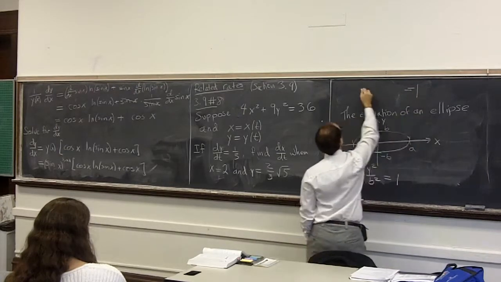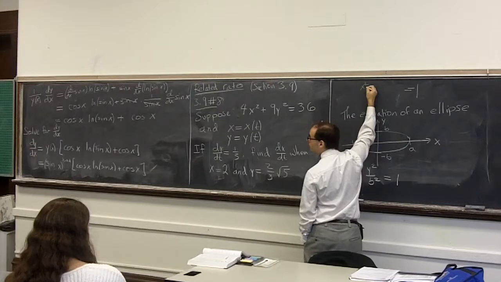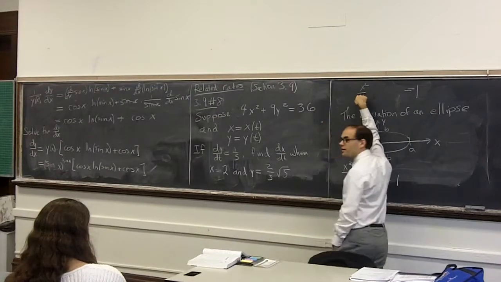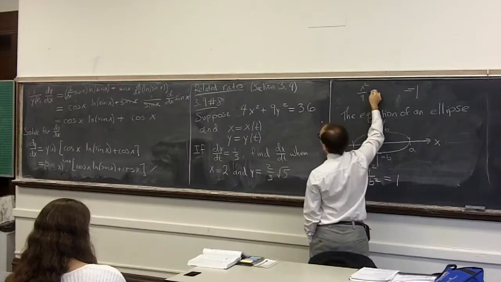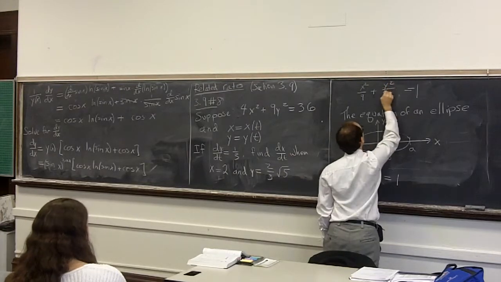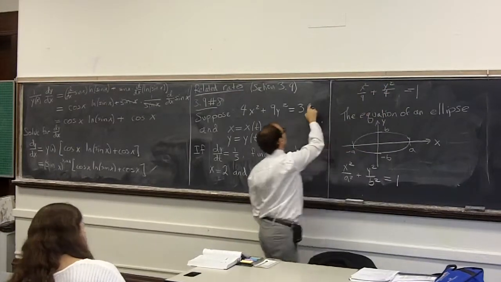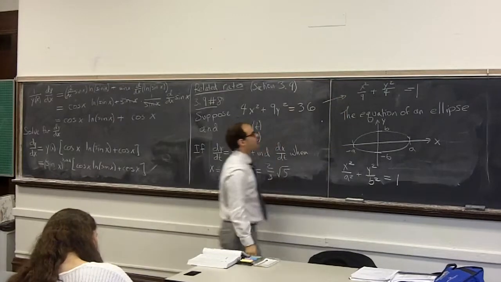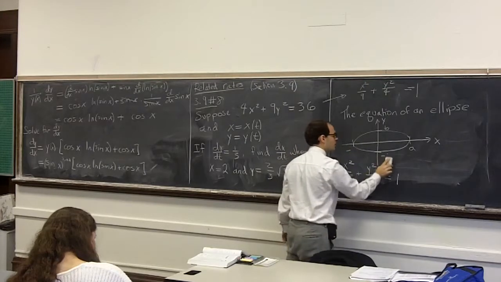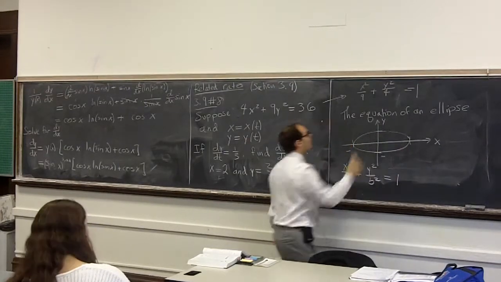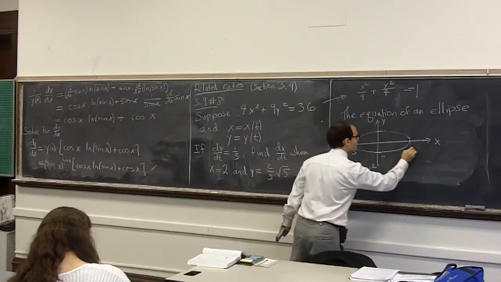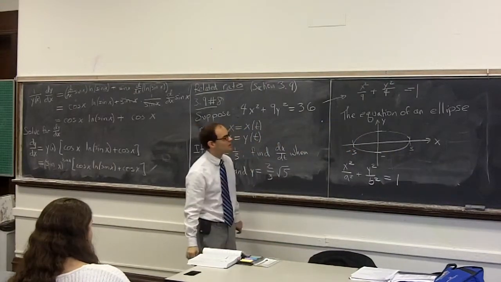So what's 36 divided by 4? Yeah, but I want to know the denominator. 9. Okay. And what's 36 divided by 9? Yeah. Okay, so this is the same guy as that. So in this situation here, what's A? 3. A is 3. And what's B? 2.